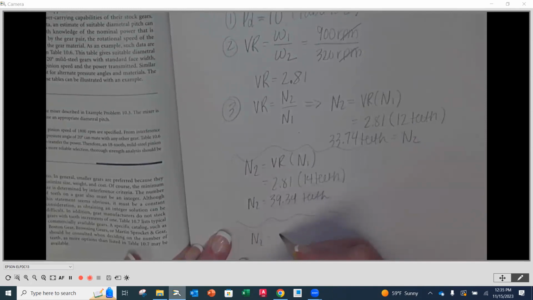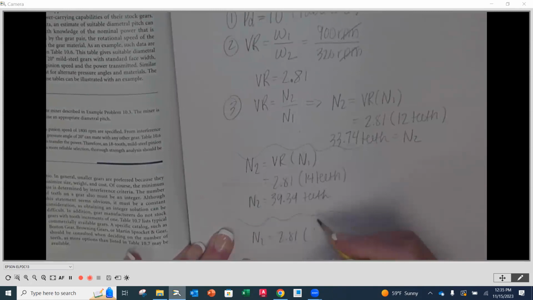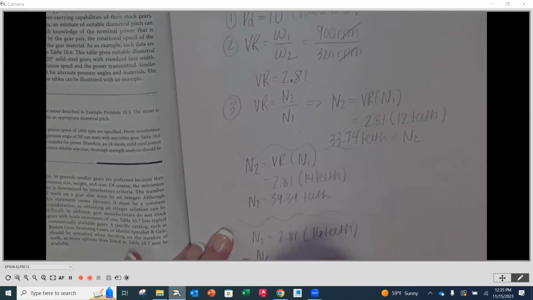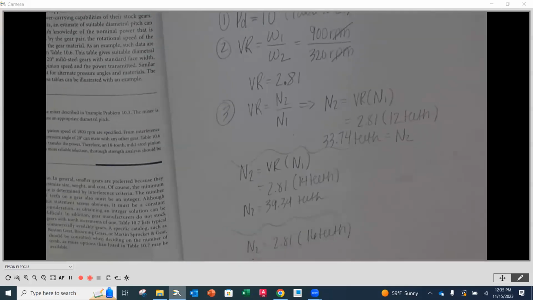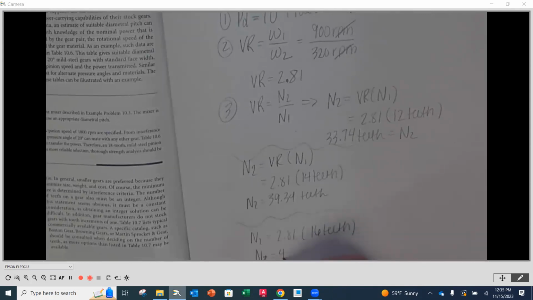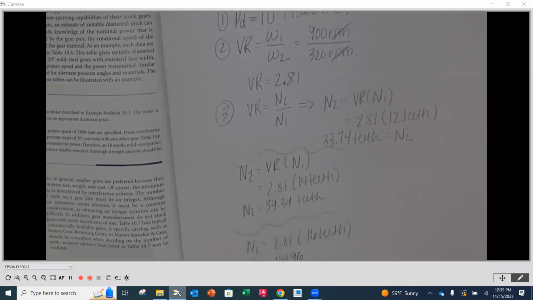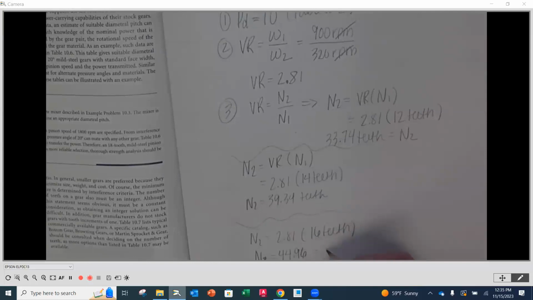So N2 is going to be equal to 2.81 this time times 16 teeth, right? Okay. What do we get? Yeah, 44.96. Now that's pretty darn close to 45, right?